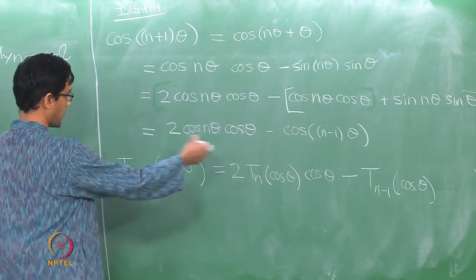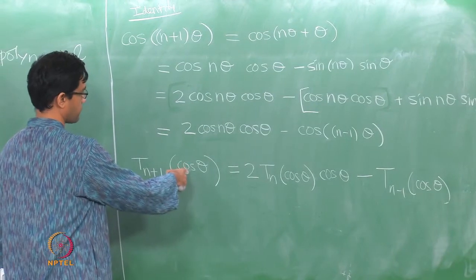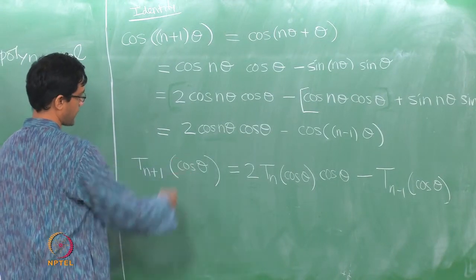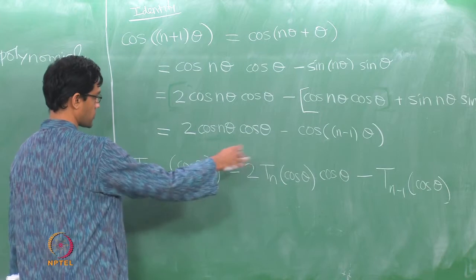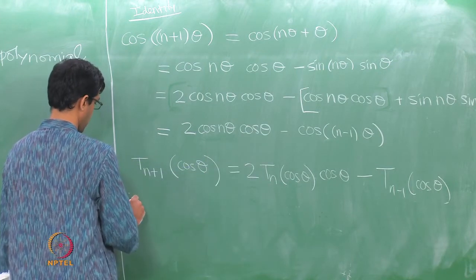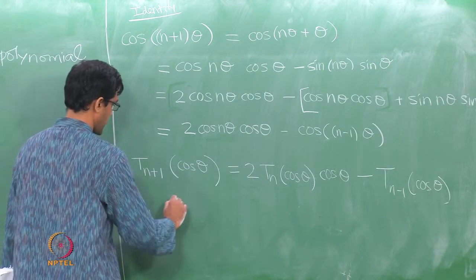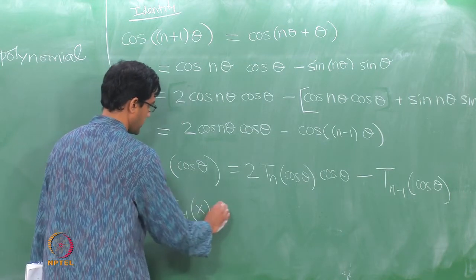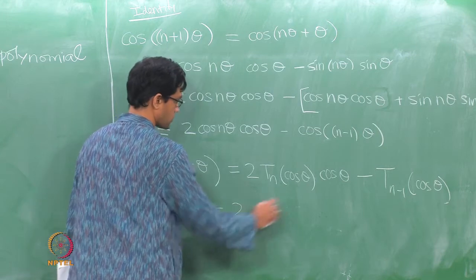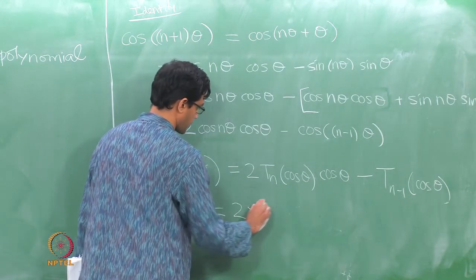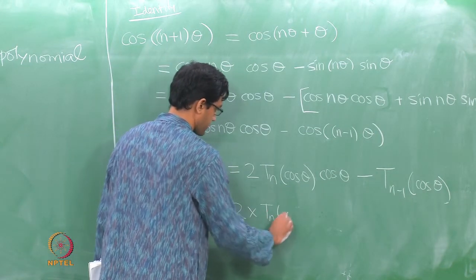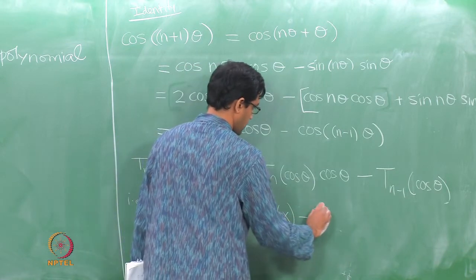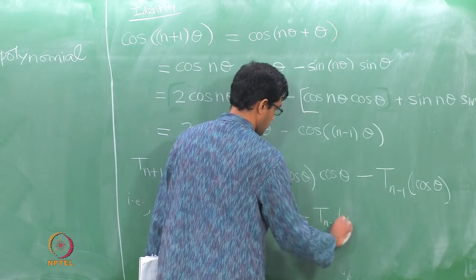So what does this tell you? So observe that we have really plugged in cos theta in place of x, so replace all the cos thetas by x's. In other words, it says that this polynomial T n plus 1 evaluated at x is in fact 2x, so the cos theta here is an x, times Tn of x, minus T n minus 1 of x.